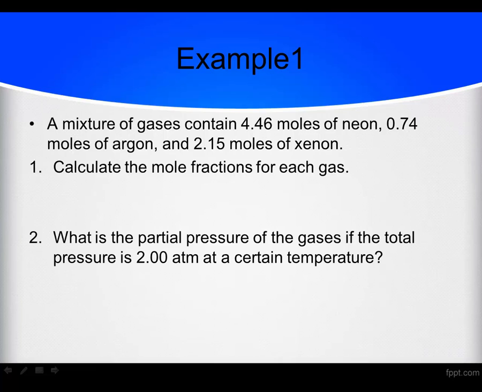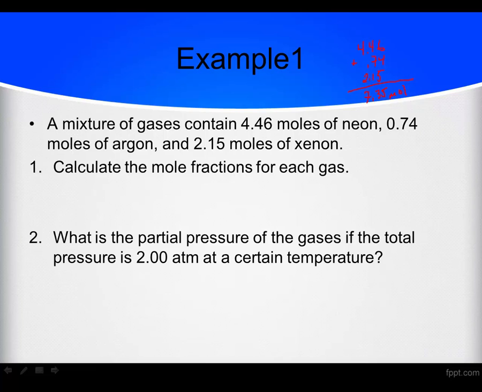So if I'm going to calculate the mole fractions, I need to know the sum of the number of moles. I'm going to add up the 4.46, the 0.74, and the 2.15, and that gives me a total of, correct me if I'm wrong here, guys, 7.35 moles. Yeah? Okay.